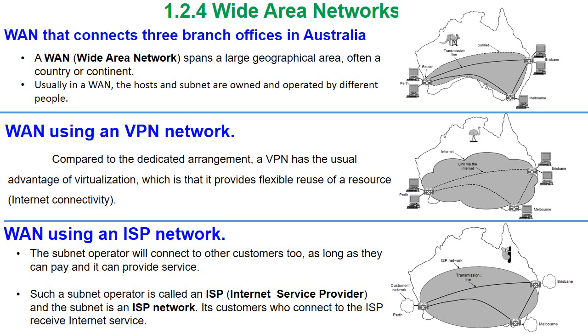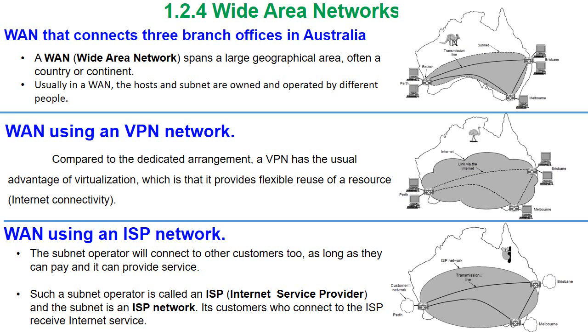The second one is about the wide area network which is going to use a virtual private network, where the network connection is virtually connected among the machines. The third one is about the wide area network which is using the internet service provider. Coming to the first one, there will be hosts and subnets which will be operated by different people.